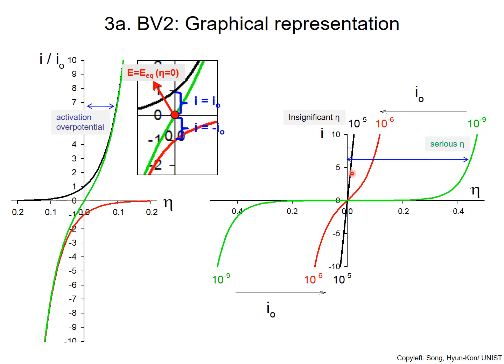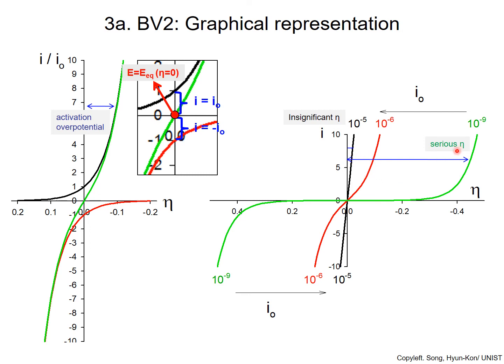At the highest value of exchange current, you could obtain the highest value of current for the range of the potential. And then 10 to the minus 6. So at the same potential, this curve shows the smaller values of current. And moreover, at the 10 to the minus 9 ampere case for the exchange current, we have very small values around the equilibrium potential.